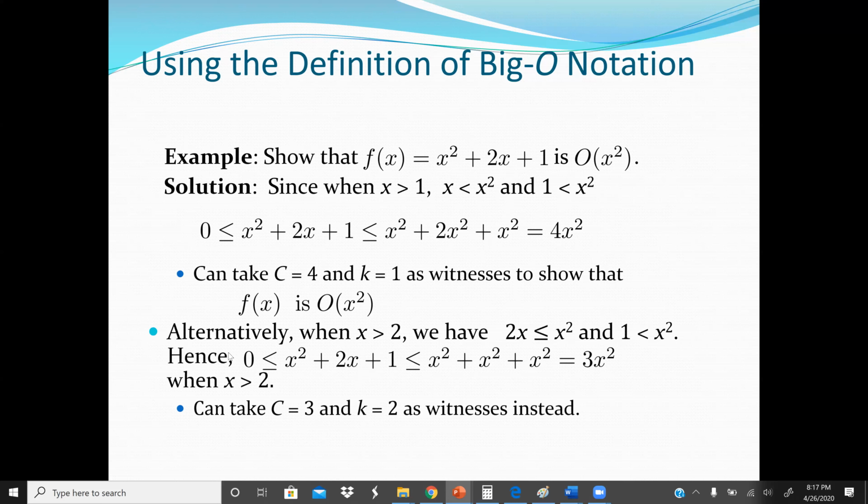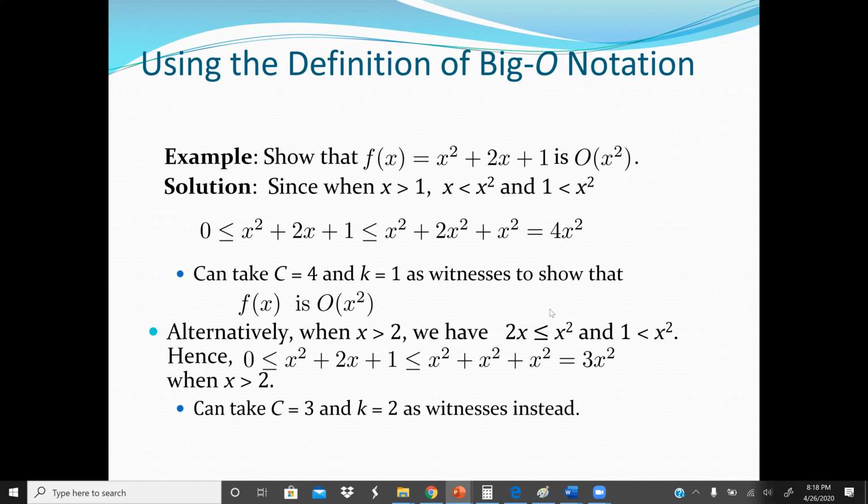So here we say alternatively, when S is greater than 2, we have 2S is less than or equal to S squared, which is true. Now, if S is 1, then 2S is greater than S squared, because 2S will be 2 and S squared will be 1.